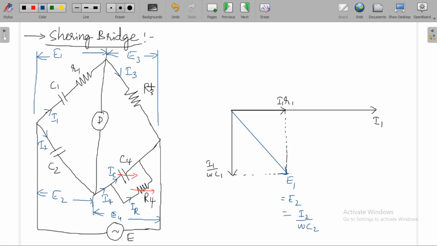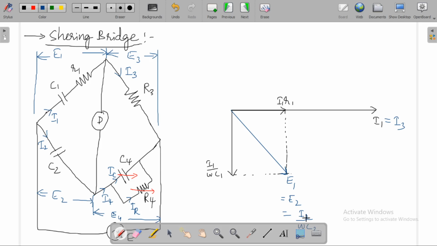Okay. Now, how can I draw the phasor of voltage across this resistance? Anyhow, I1 is equal to I3. So voltage across this resistance will be in phase with current flowing through this resistance, in phase with I1.